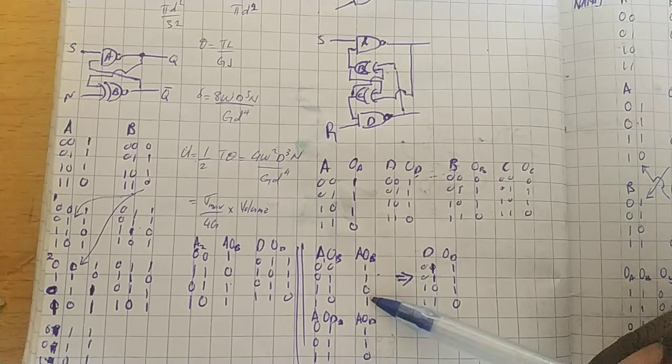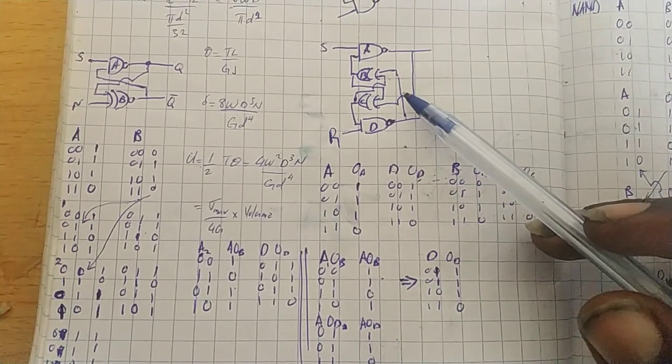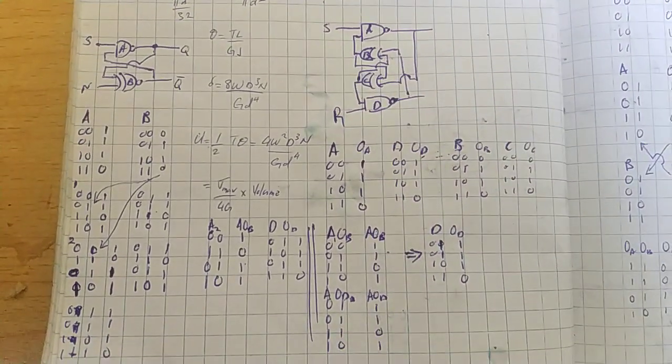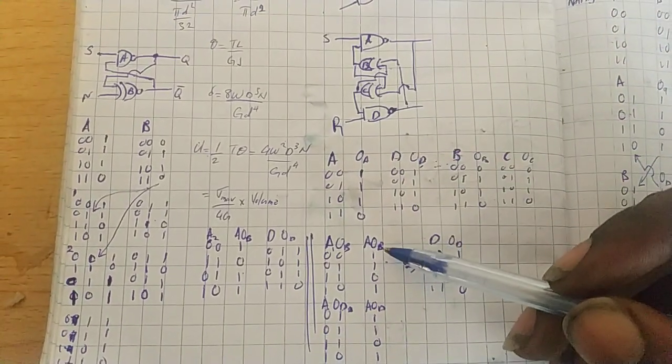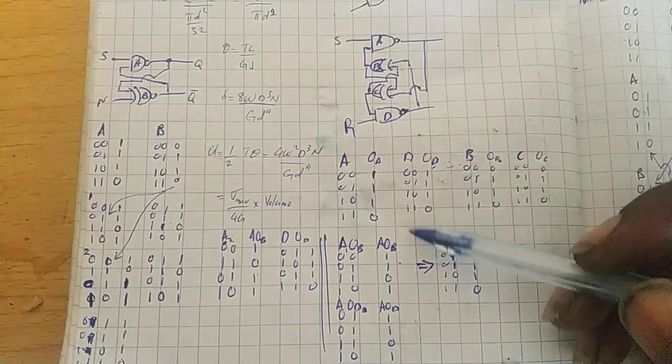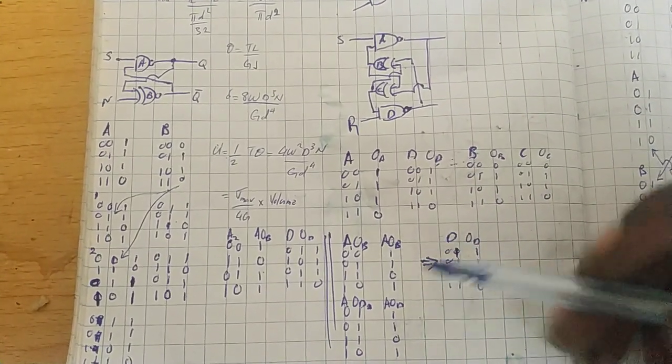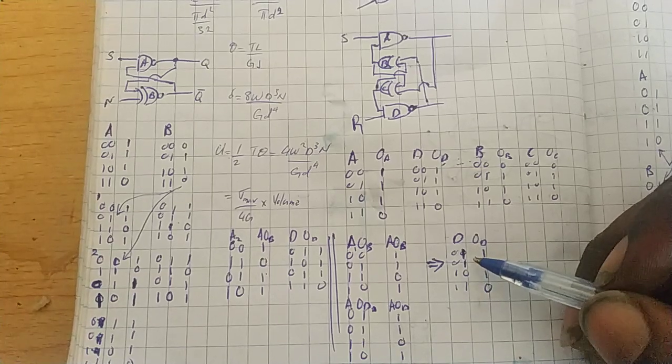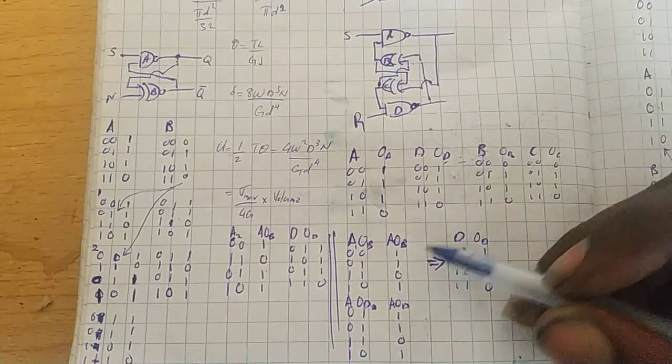Output of this, give me a minute. So this will be the output of A and the output of B. Coming back, feeding it back again.